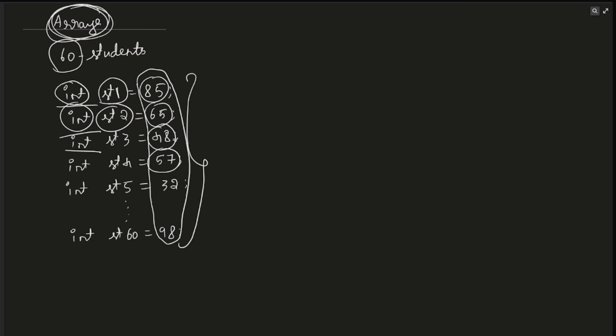The equivalent code for this is int, and this indicates the list of values, and the marks data type is integer. Here we need to give a reference variable, and it can be anything.